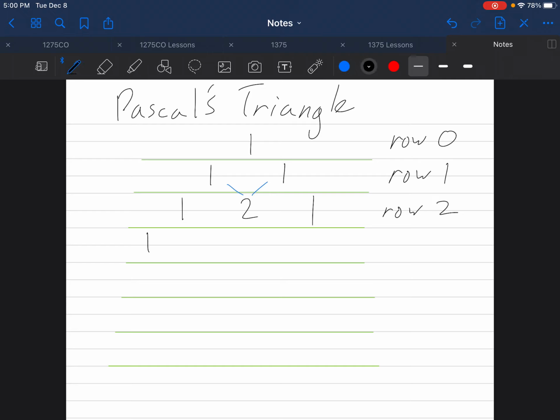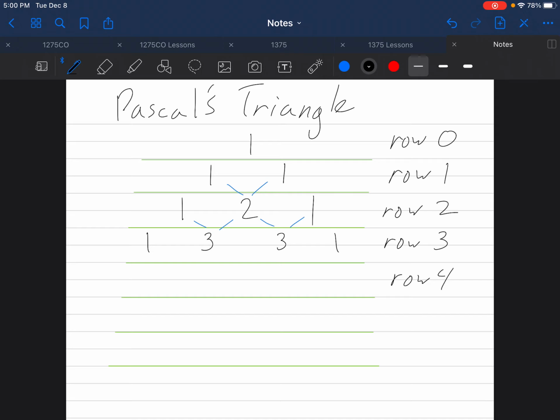On the edge, that means just the number 1 because there's nothing else to add. In between here is the number 3, which comes from 1 plus 2. Another 3, which comes from 2 plus 1. And then we can finish off with a number 1. This is row number 3.